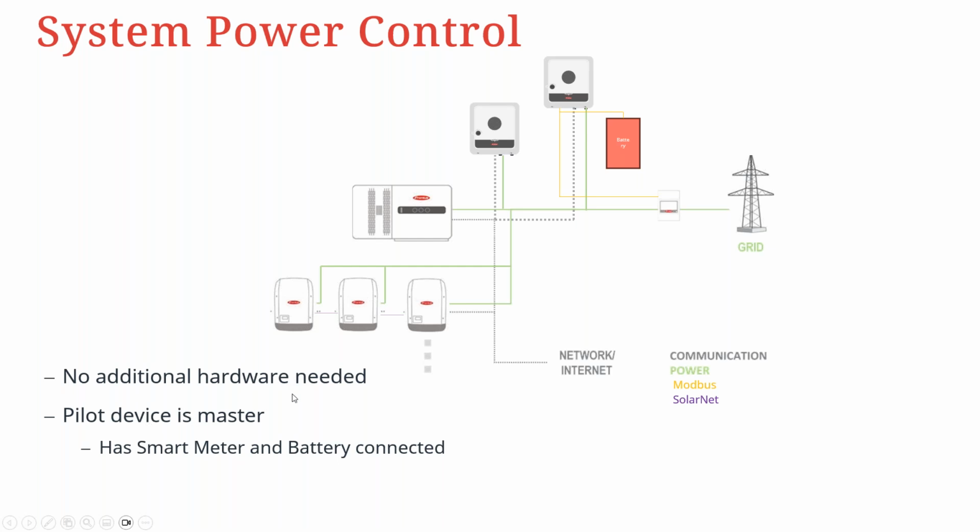All that is needed is a software update. Once that is done, your system will be able to achieve feeding limitation. A point to note here is that for a system with a backup setup, that is with a Fronius Gen24 Plus, the Fronius Gen24 Plus will automatically be the master in the system.